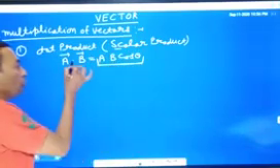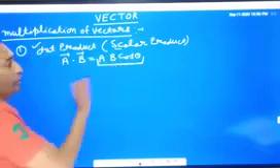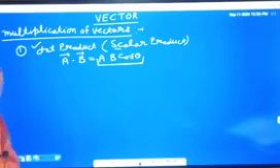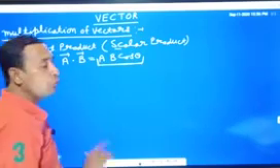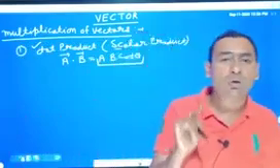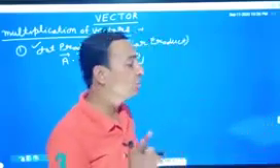We use a dot between two vectors when we write dot product or scalar product, so it is also known as dot product. Okay. So we have to learn this formula, that a vector dot b vector equal to a b cos theta.